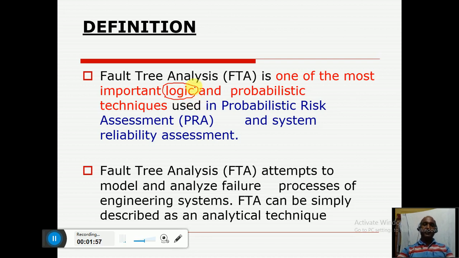For that we need a particular logical diagram. That's why this word comes in the definition. It attempts to model and analyze the failure processes of an engineering system or any kind of system.